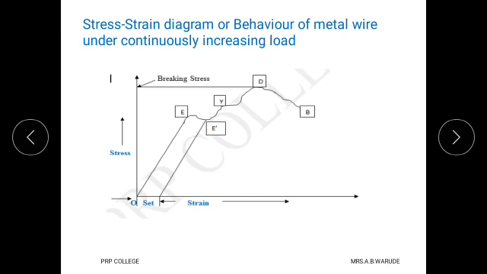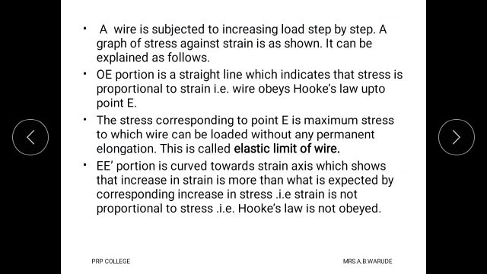Here it is observed that this O point is the origin, and this is point E. It is a straight line, and this straight line indicates that the stress is proportional to strain. That means as stress increases, strain also increases, and we know the statement of Hooke's law: within elastic limit, stress is directly proportional to strain.